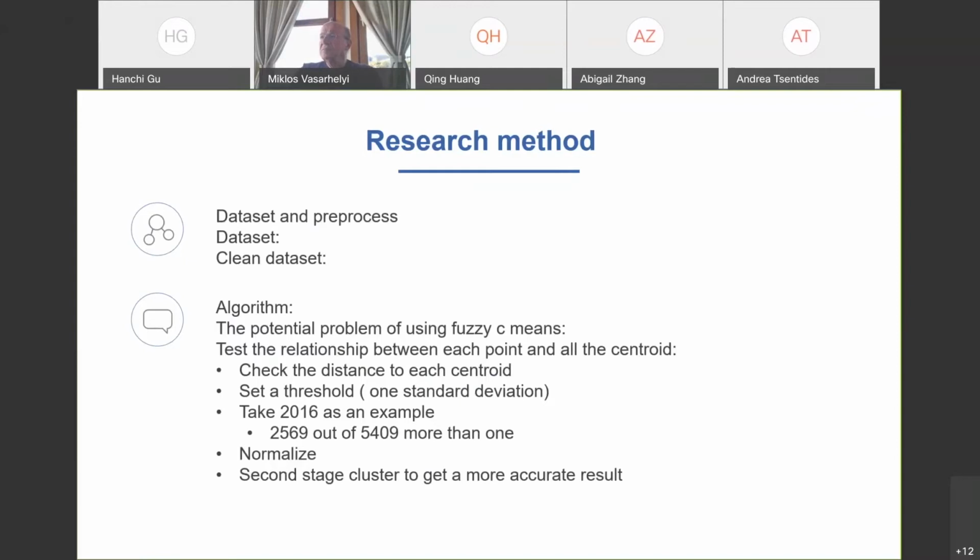So an alternative way is that we still keep the centroids of the k-means, which means that each company only belongs to one main industry. However, we want to study the relationship between each point and the centroids of other industries. So what I did was check the distance to each centroid.